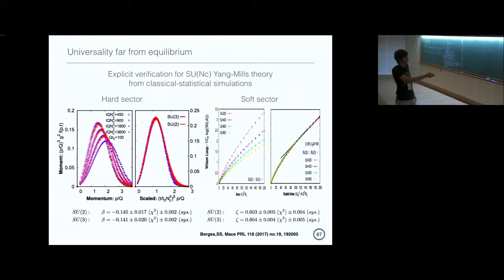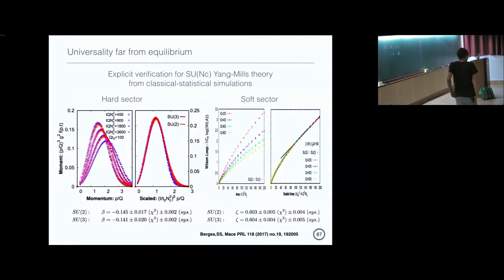In particular, you can really extract these scaling exponents with statistical uncertainties. And you find that, within the uncertainties, they're exactly the same in these two theories. And they actually agree very nicely with this perturbative analysis.